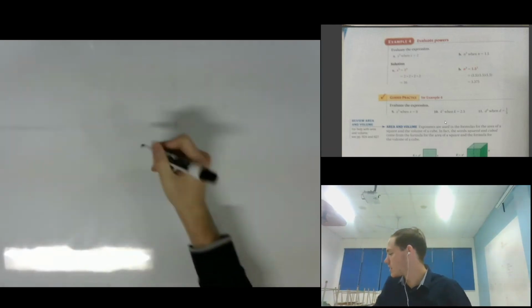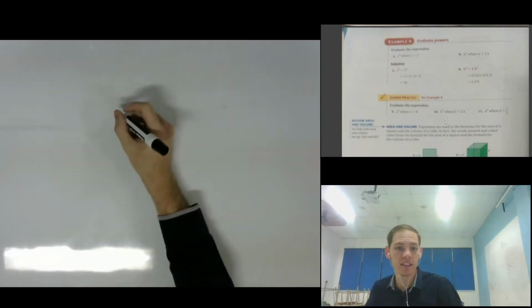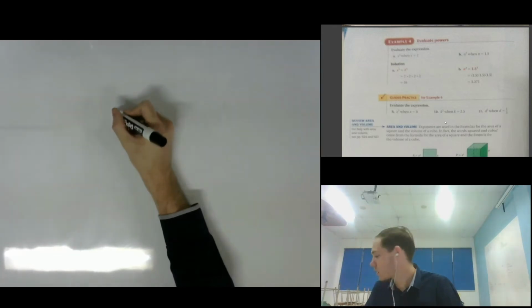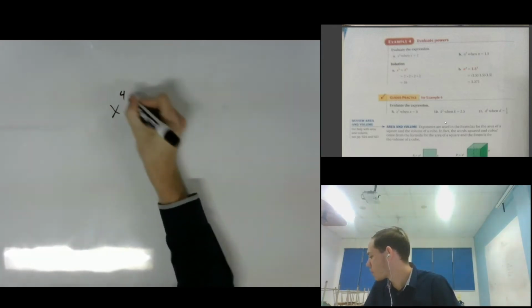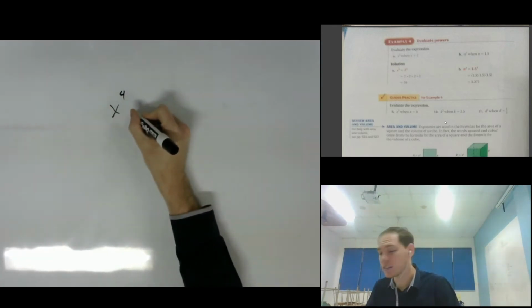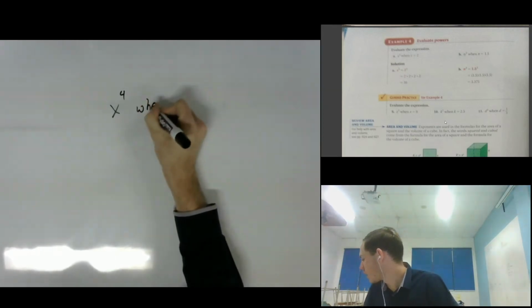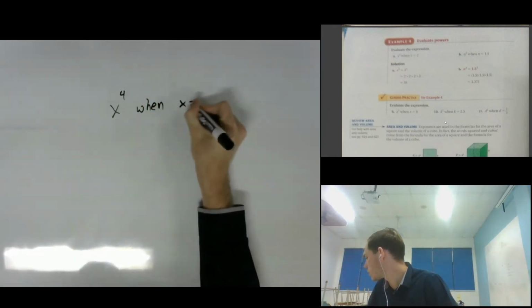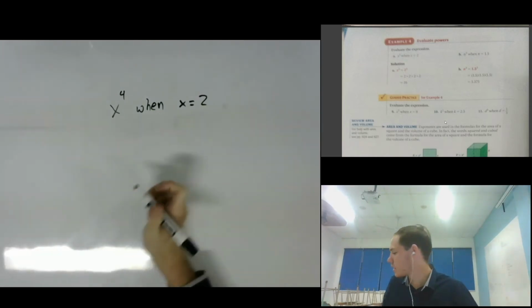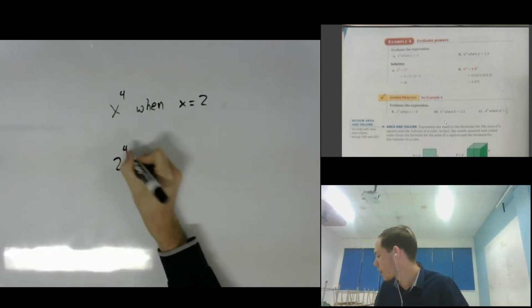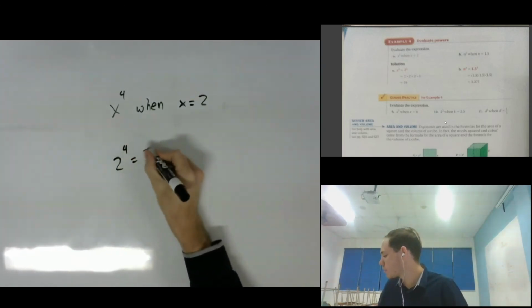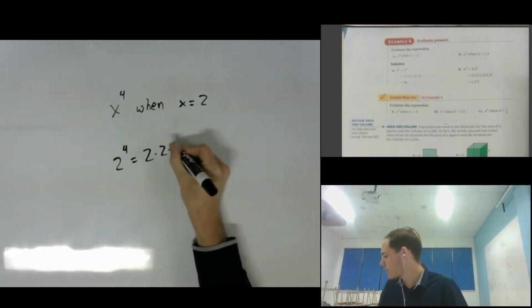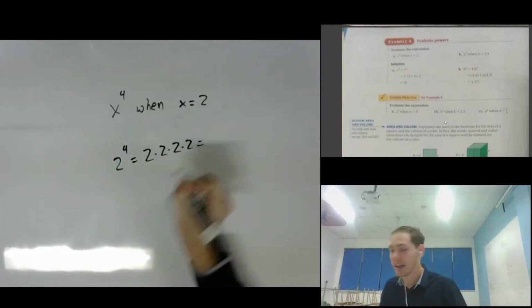I believe this example A is x to the 4th power when x equals 2. So what we're going to do is plug in 2. So we have 2 to the 4th power, which means rewrite 4 factors of 2, and we're going to solve it.